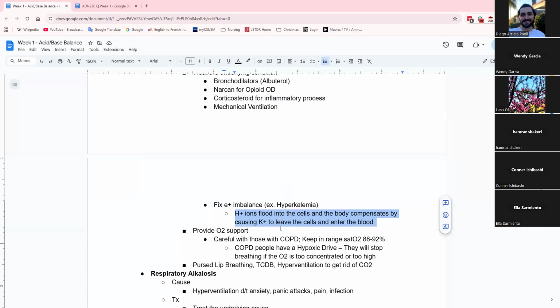If the patient's not getting enough O2, then you're going to provide oxygen support. Just keeping in mind that those with COPD, their regular range can be between 88 to 92, but it does depend on the person.